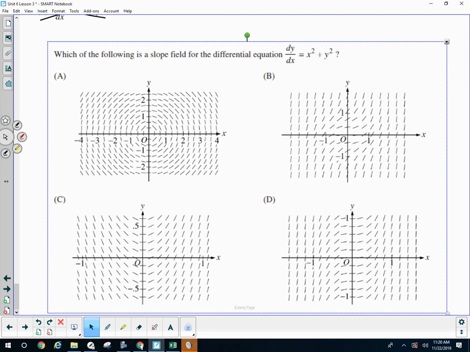So like, 1, slope should be 2. 1, slope should be 2.